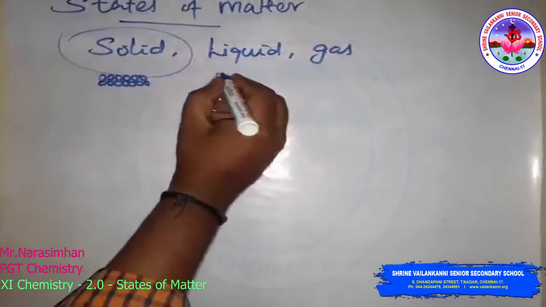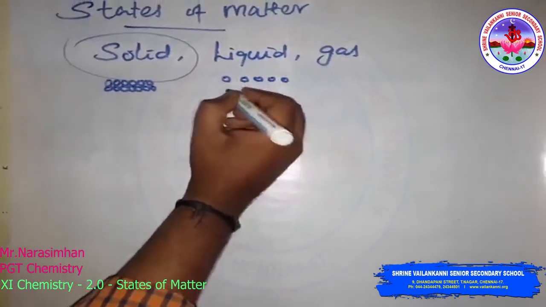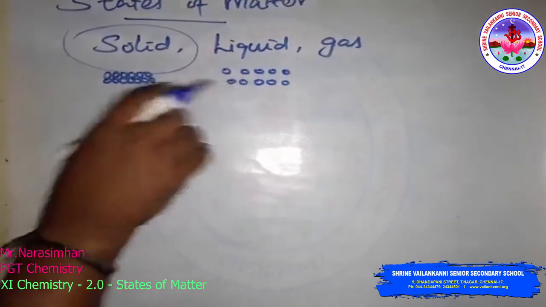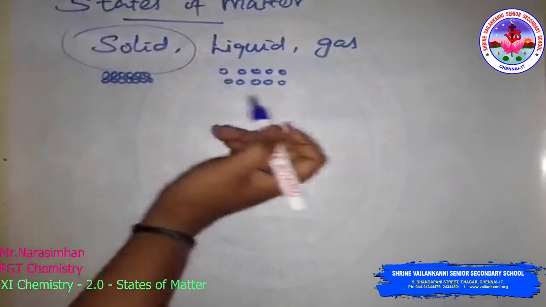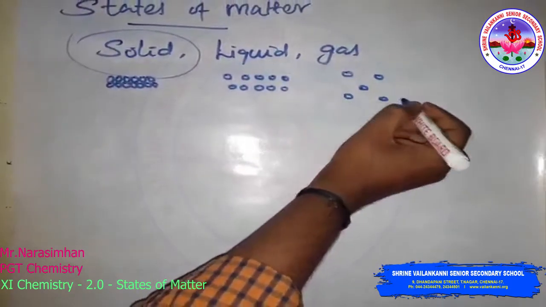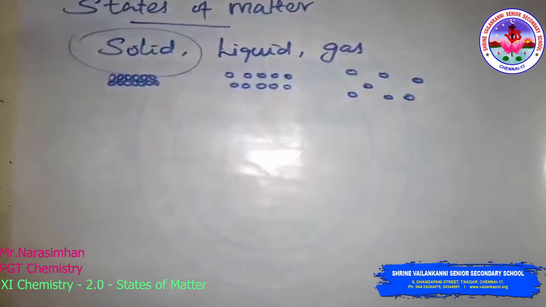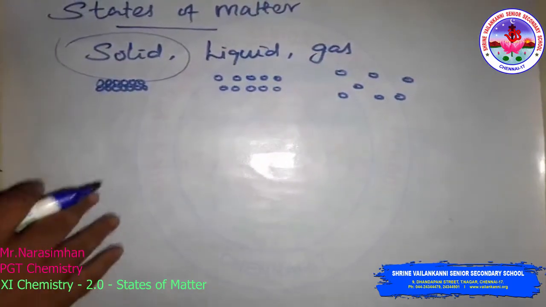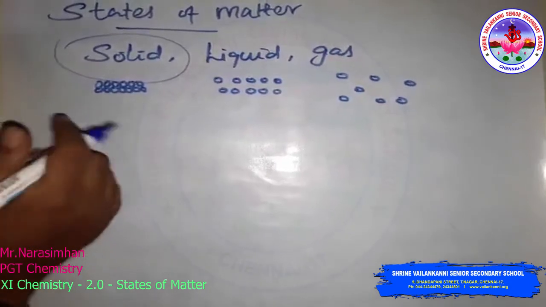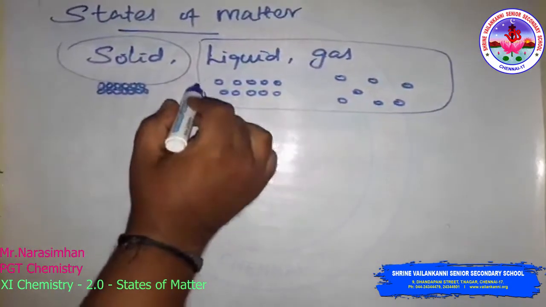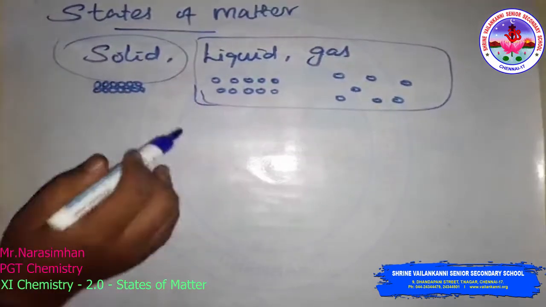Compared to solids, liquids are like this; the packing efficiency is like this. Then gas molecules are like this, so they are freely packed. Here we are going to learn about the liquid and gaseous states in this unit.